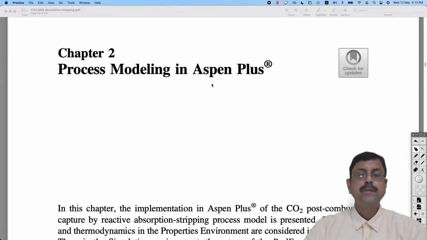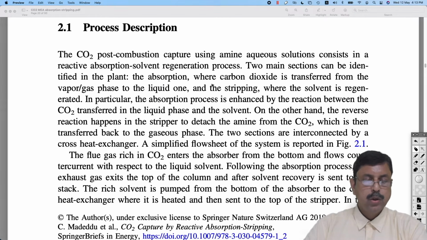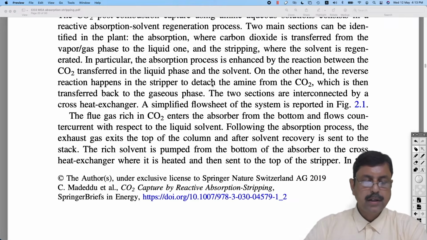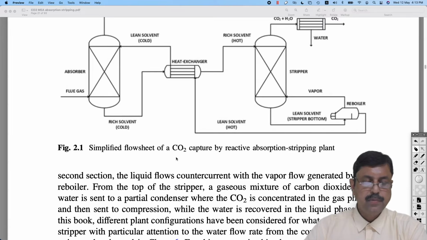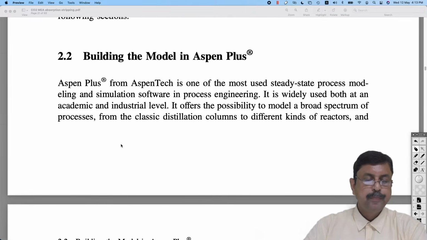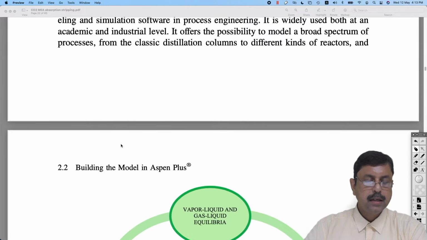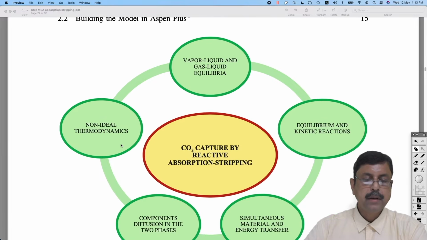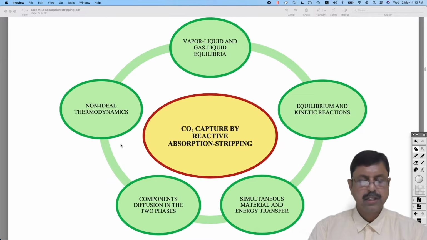Yes. So process modeling in Aspen Plus. Here the process description has been given and the simplified flow sheet of CO2 capture by reactive absorption and stripping plant. This will come later. And here, building the model in Aspen Plus, although we know how to do it, they have given it in a nutshell.